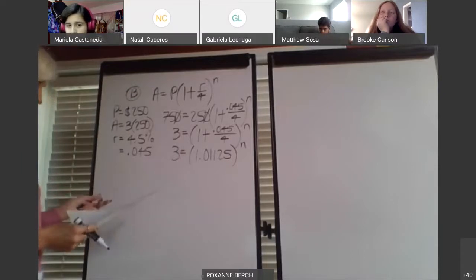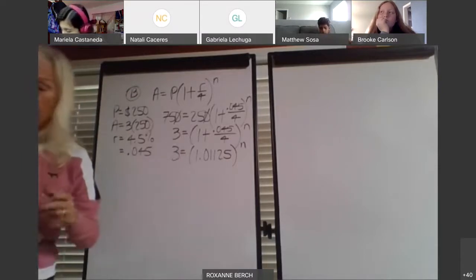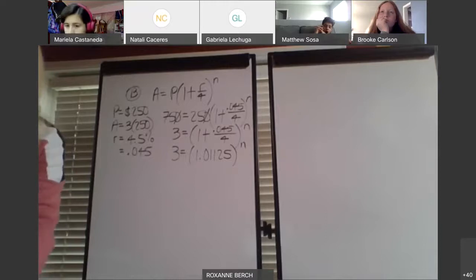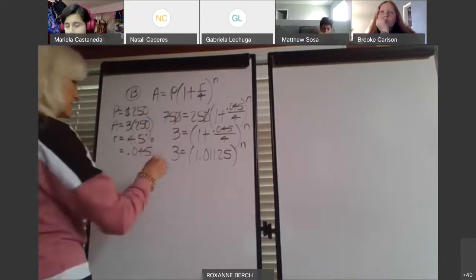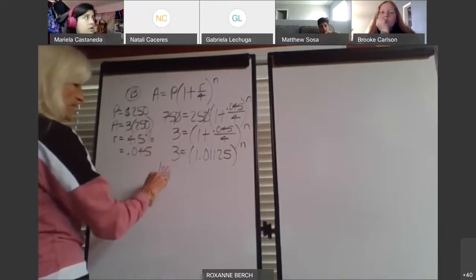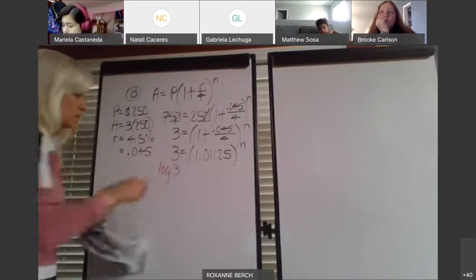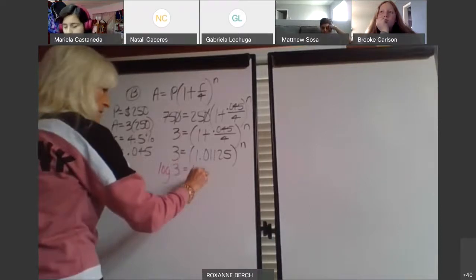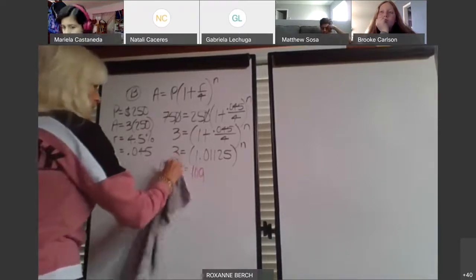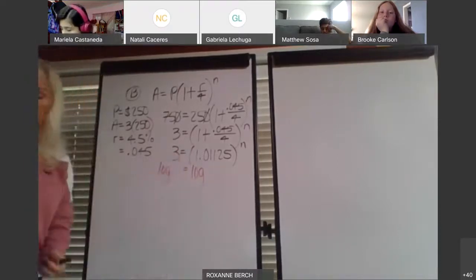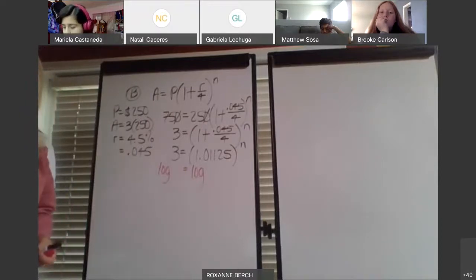Okay, so how do we get n down? We could do it the same way. We could just take any log. But I'm going to use log base 10, because I'm going to use the power property to get n down this time.